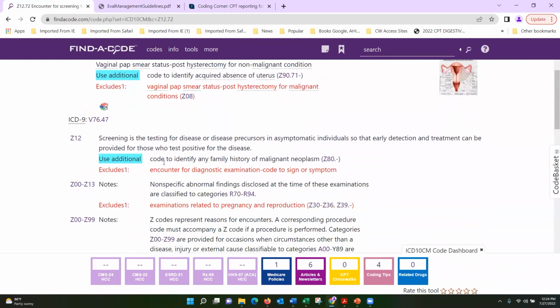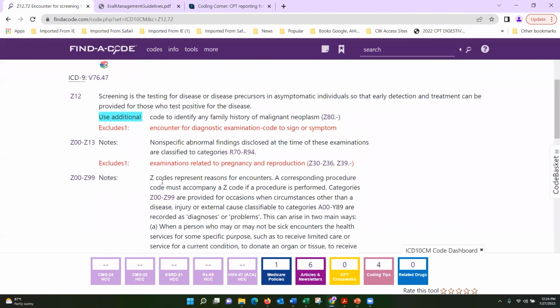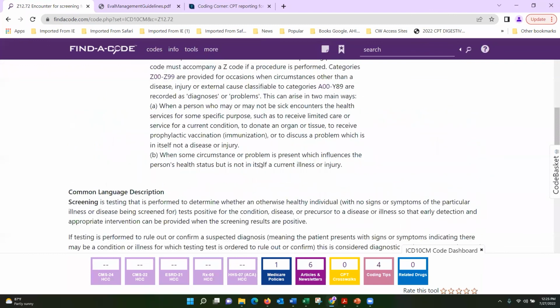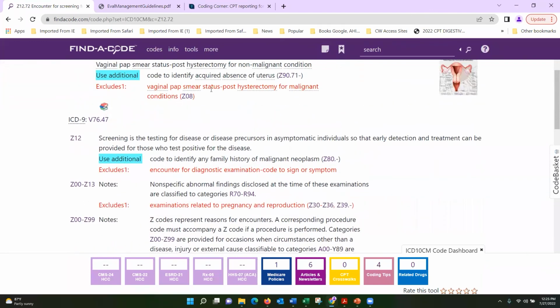Okay, so what we've got here is a screening, a testing for disease or disease precursors in asymptomatic individuals so that early detection and treatment can be provided for those who test positive for the disease. If we read on down here, we can see our additional code, where we came in with the absence of the uterus.